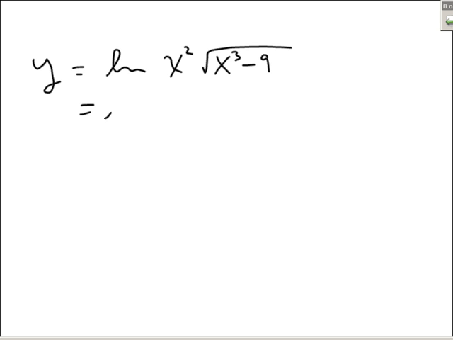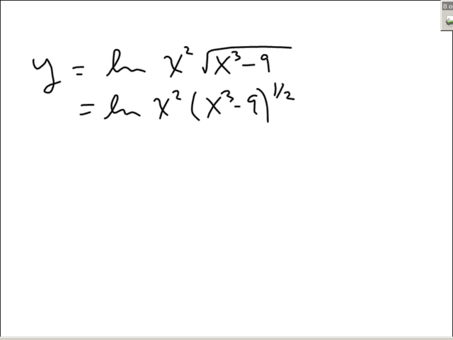Sometimes you might have a product and a power rule all in one. Suppose you have y is equal to ln of x squared times the square root of x cubed minus 9. Well, first you might realize that the square root is just to the 1/2 power.